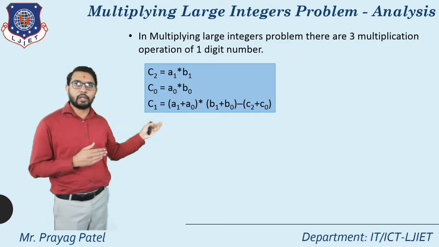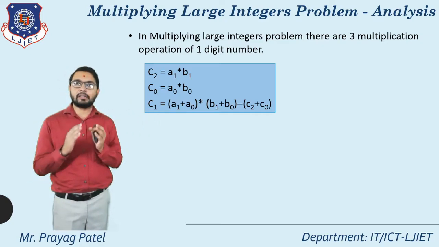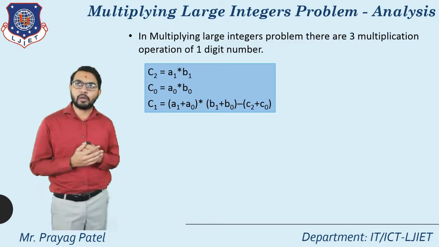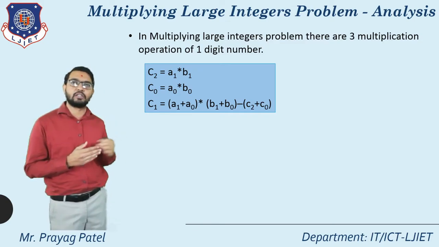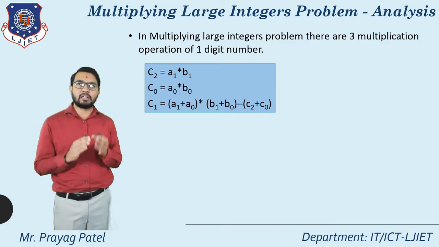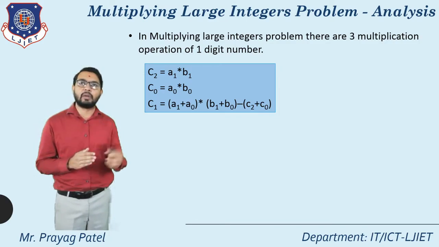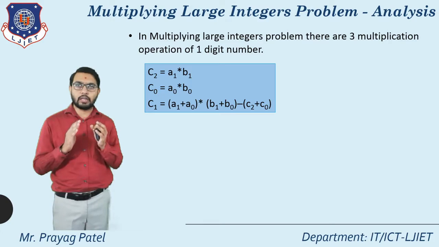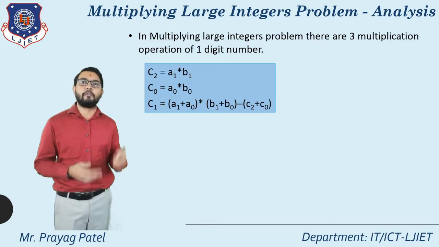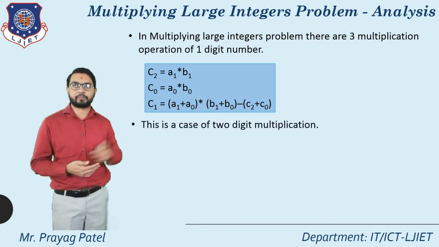So in this algorithm, you multiply three one digit numbers: C2, C1 and C0. In each case, we consider one multiplication of one digit numbers. So in total three multiplication operations of one digit numbers are performed.